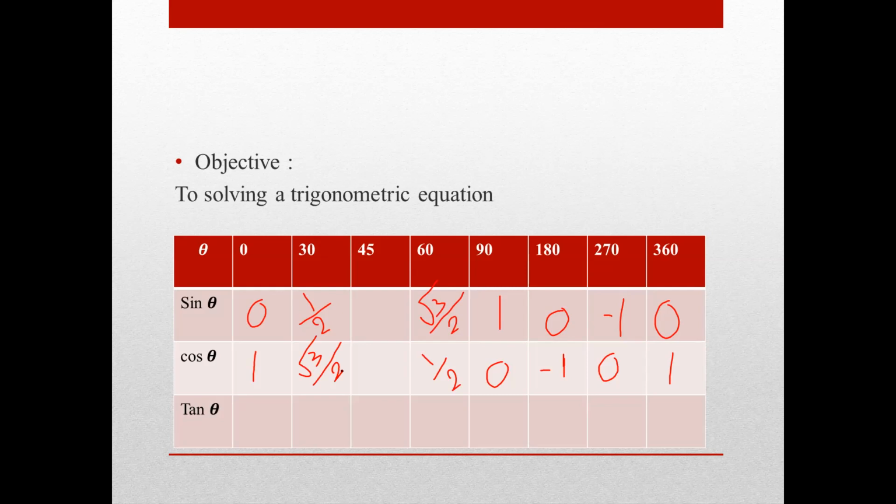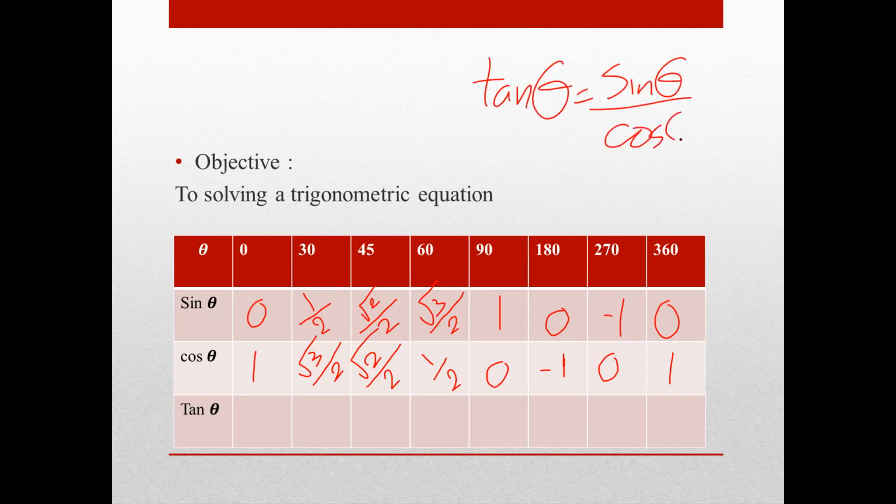For 45, the sine of it is square root of 2 over 2 and the cosine of it is square root of 2 over 2. Now we will see how we can find the tan of these angles. As we said in the previous lessons, the tan of any angle is sine over cosine.